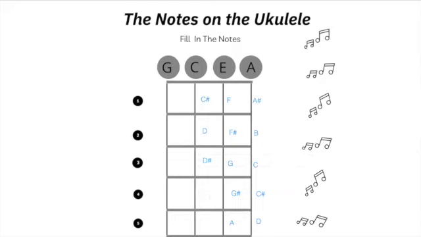And after that, it's E. And then after that, it's F. And then the last string, on the G string, it would be G sharp, A sharp, B, and then the last one is C.